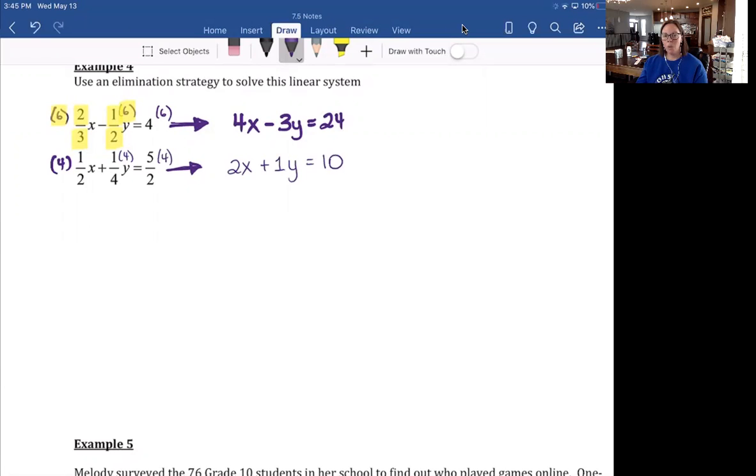Now again, we're going to manipulate one of these equations so that something will cancel out. I personally am going to choose to multiply this by -2 so that my x variables will cancel. When I do that, this is going to become -4x minus 2y equals -20.